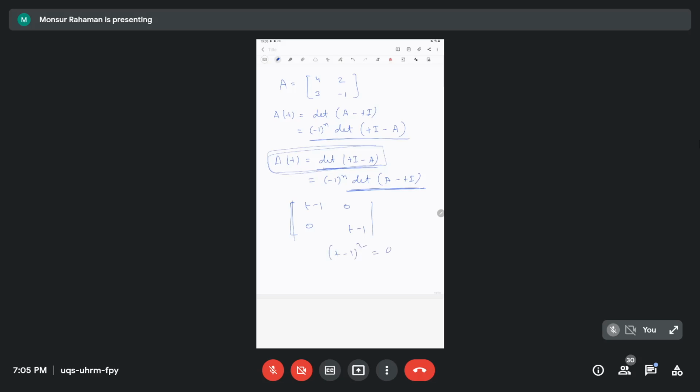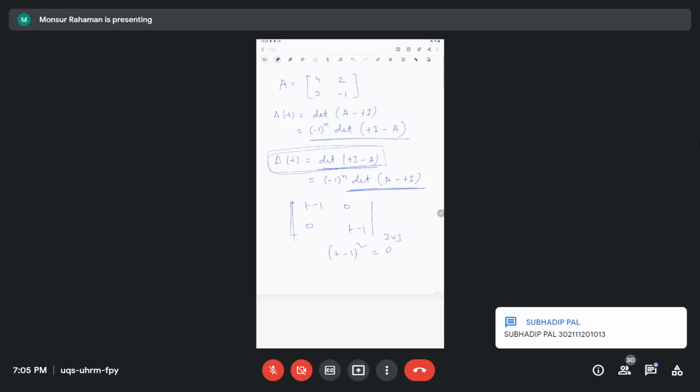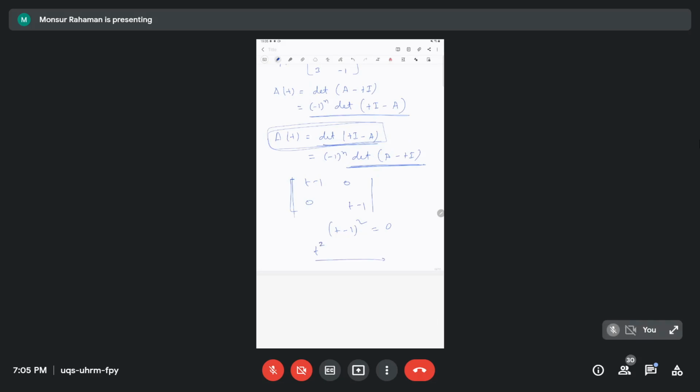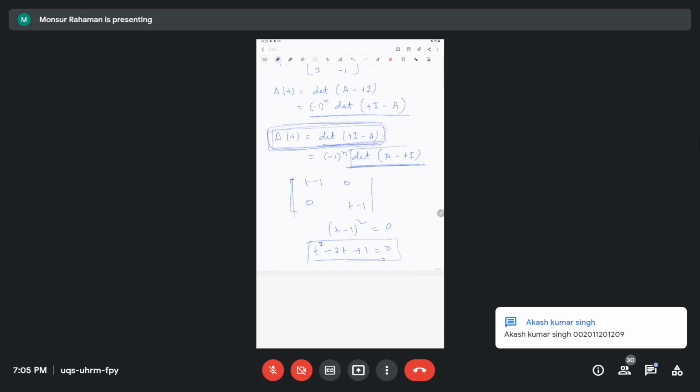The result will be the same, but for a 3 by 3 matrix it will be different. So that's why I want to arrange it order-wise. So this is the main characteristic equation, not this one.